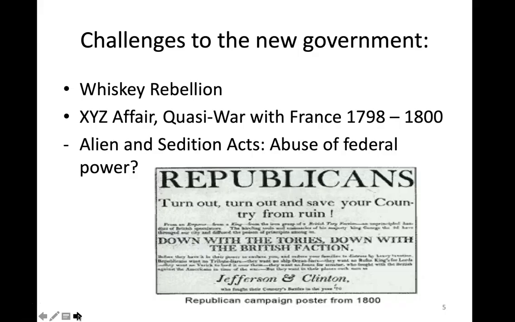What was often being charged towards the central government, whether it's Parliament or here with the federal government that was in control by the Federalists, right? The charge was often, quote unquote, oppressive taxation, unquote.